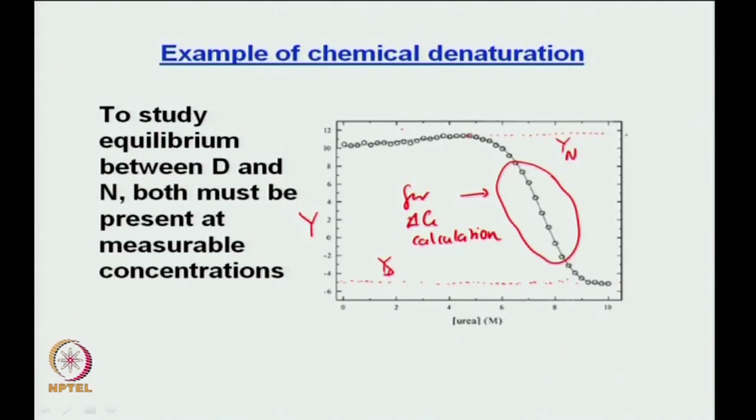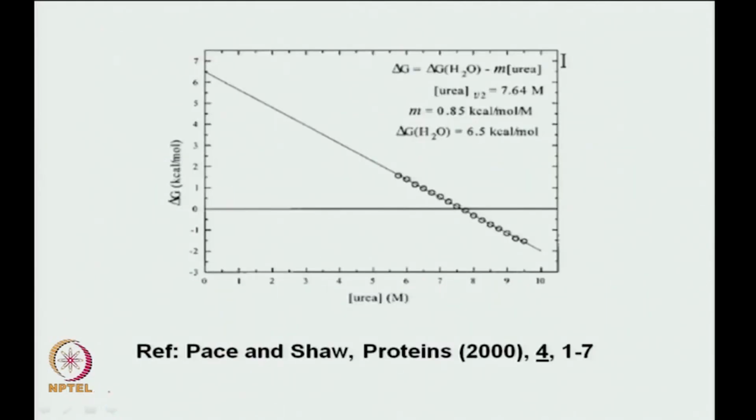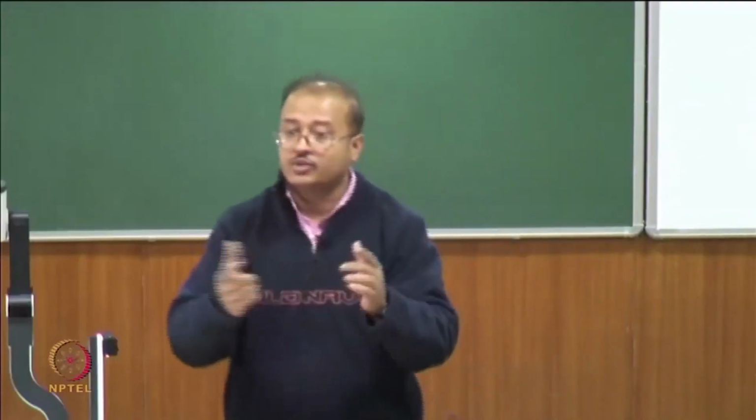Now, if you look up this paper by Pace and Shaw, Proteins 2000, I have essentially taken the figure from there. Okay. Now, what is this plot? This plot is a plot of delta G versus urea concentration, and it is not surprising that it is a linear dependence on urea concentration, because that is what we started with, right.